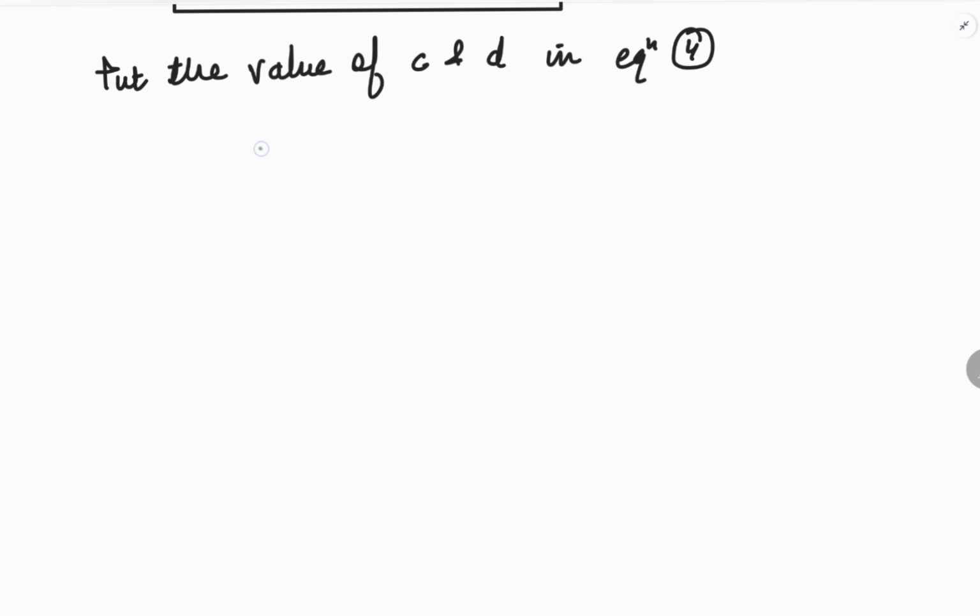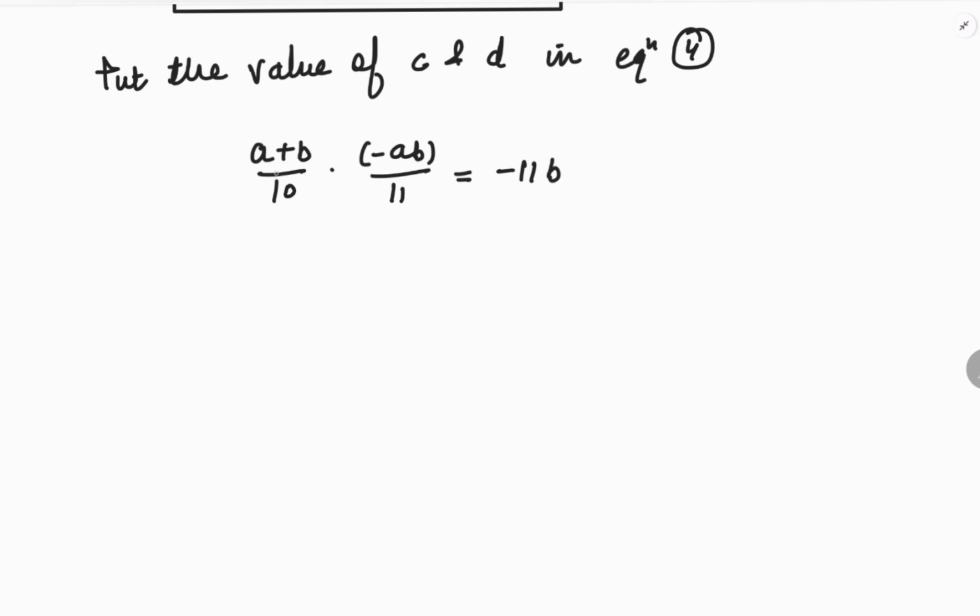What is C? C is A plus B by 10 times what is D? D is minus of AB by 11 is equal to minus 11B. This was equation number 4, right? So we have substituted the value of C and D. Now what will I do? I will try to solve this equation now.